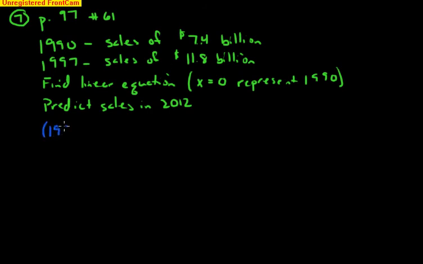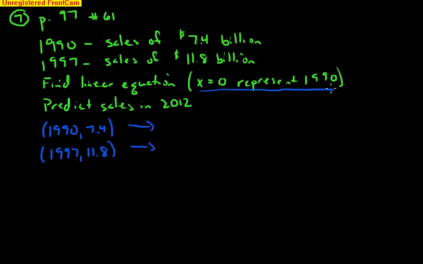Those points are 1990. Remember, x is always time. So 1990, 7.4, and we'll label it in billions. We won't write it out like 7.4 billion. And then the other one is 1997, 11.8. But we're not going to use these points exactly because of this sentence right here. X equals 0 represents 1990.